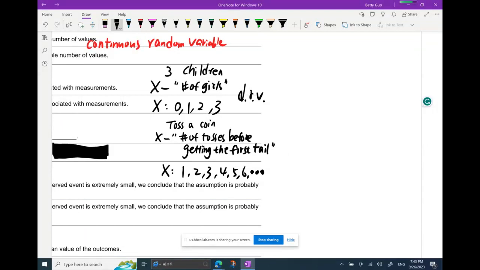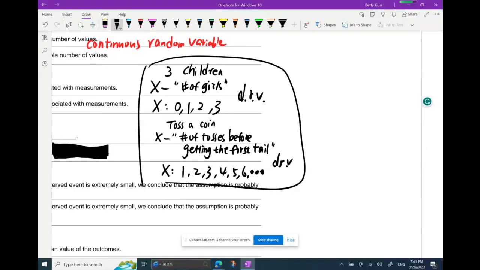In that case, the random variable is still a discrete random variable. Only those 2 cases. Either random variable x assumes a finite number of numerical values, or x assumes infinitely many but countable numerical values. In those 2 cases, the random variable is discrete.